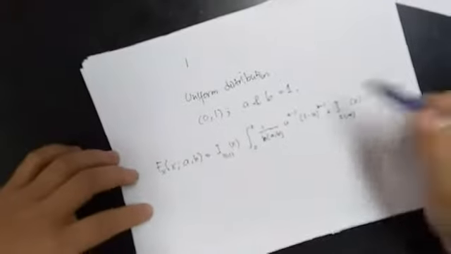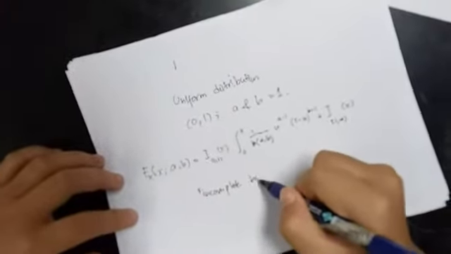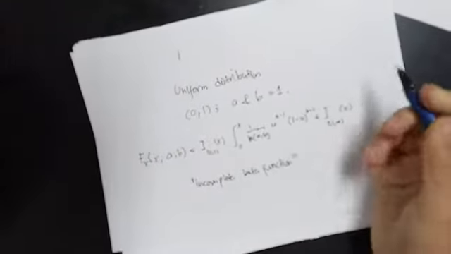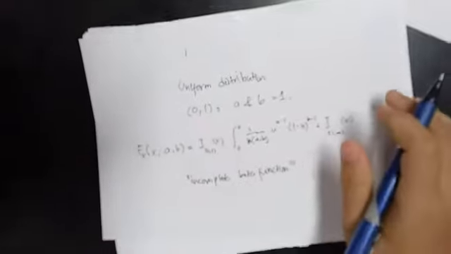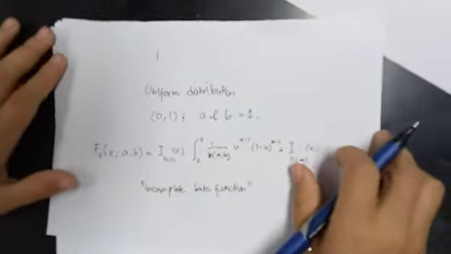It is often called the incomplete beta function and has been extensively tabulated, usually by means of specialized computer algorithms.